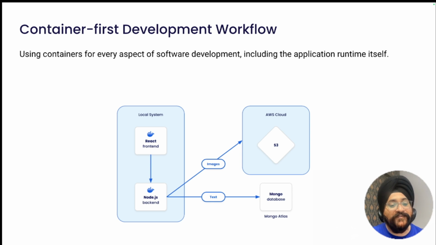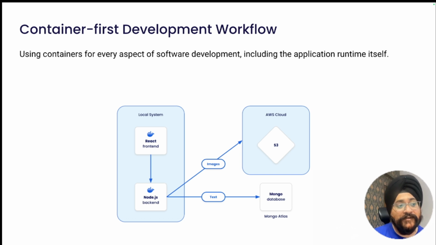In this example, you can see I have a local system which runs the frontend as well as the backend, and they run inside containers. And how they talk to each other is through the Docker compose file. But you will see there are other components like S3. If I am building a to-do list application and I want to leverage S3, I can even specify that in my compose file.